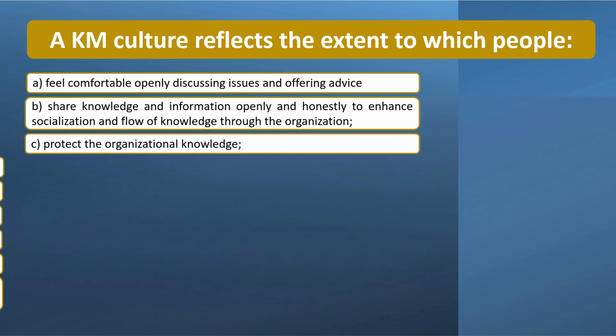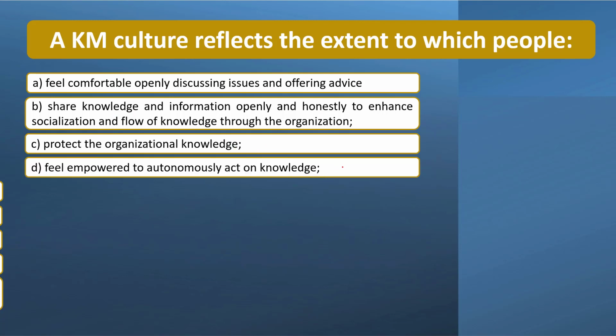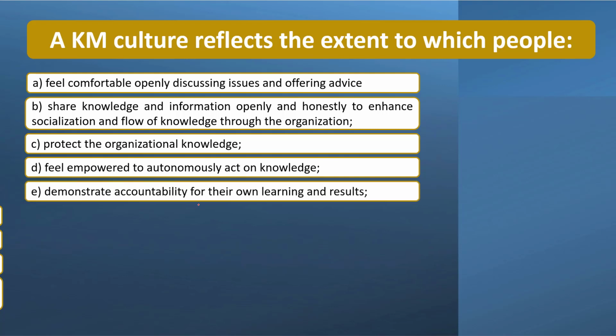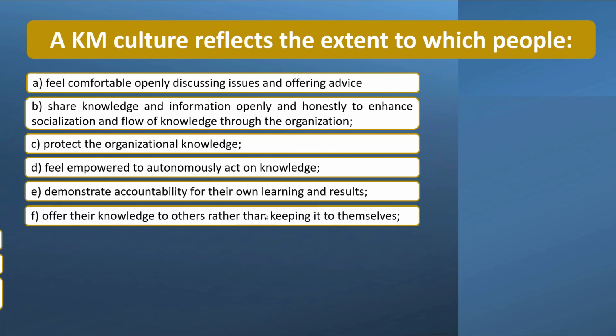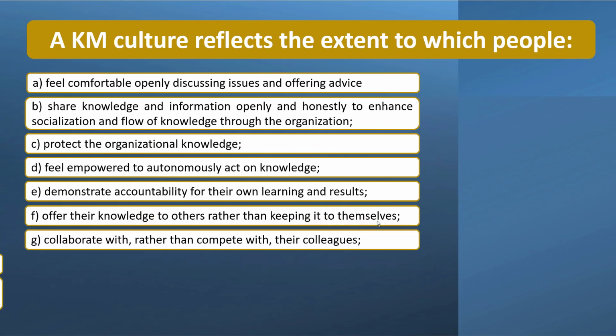It protects the organizational knowledge. People feel empowered to autonomously act on knowledge, and they demonstrate accountability for their own learning and results. They offer their knowledge to others rather than keeping it to themselves. And also, they will collaborate with, rather than compete with, their colleagues.